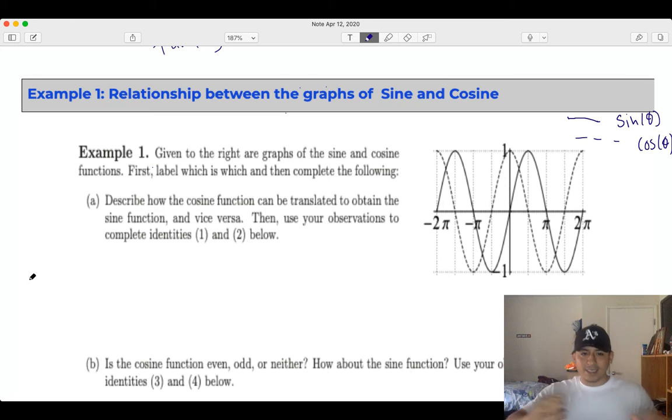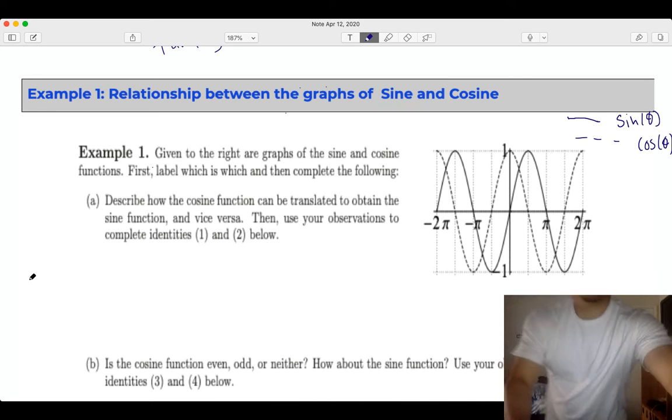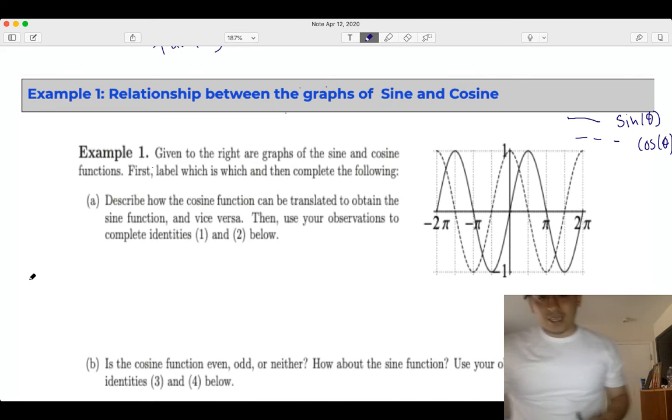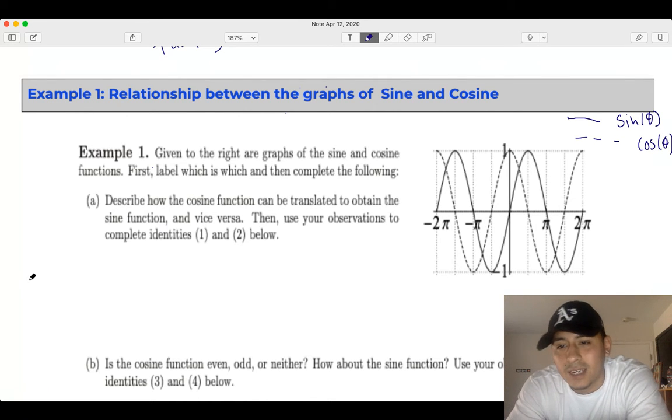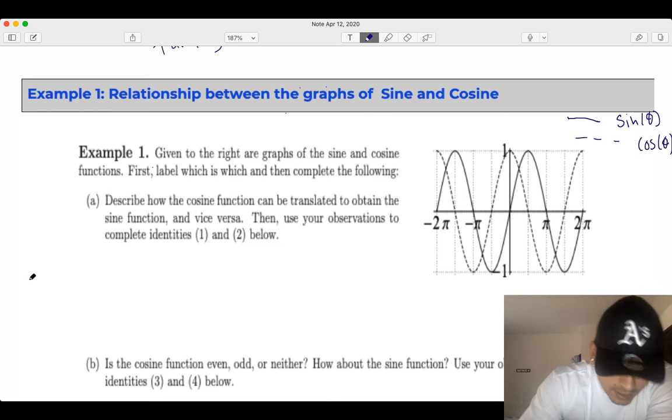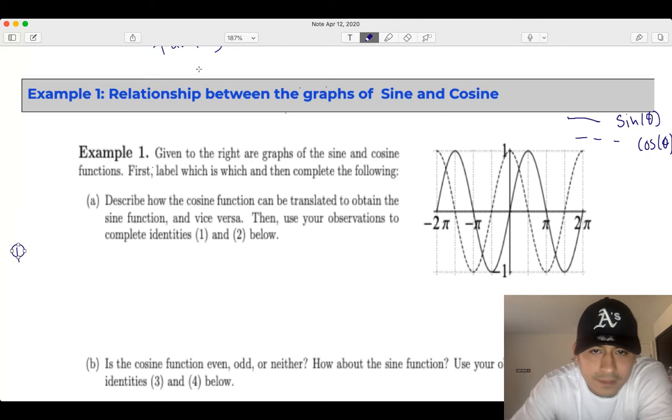Then it says describe how the cosine function can be translated to obtain the sine function and vice versa. Let's start off with the cosine function. How can the cosine function be translated to obtain the sine function?